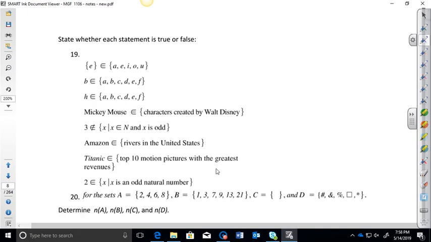State each statement true or false. Okay, take your time. Is that true or false? This one? Yeah, but see the set around it?